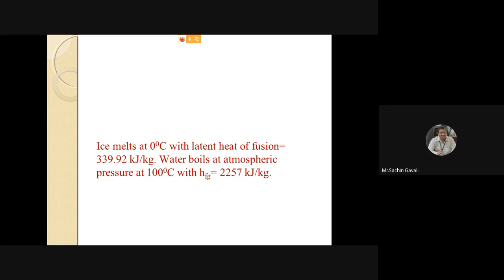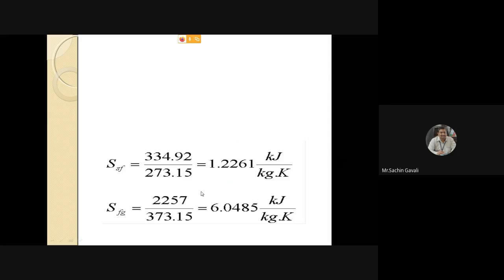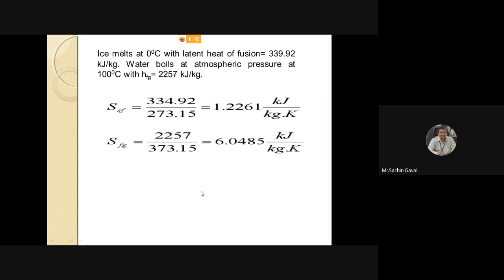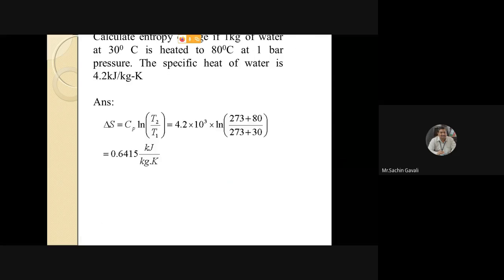Kilojoule per kg means m is equal to 1, they have given. Water boils at atmospheric pressure at 100 degrees Celsius with hfg equal to 2257 kilojoule per kg.